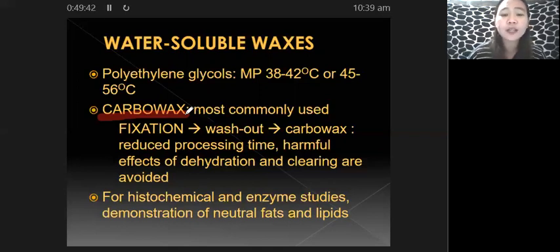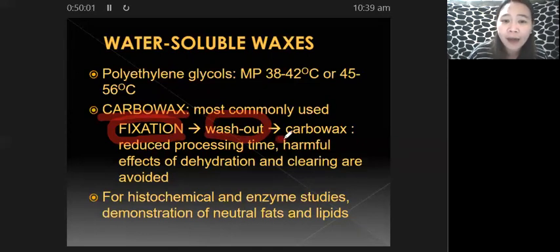So if you look at your Carbowax processing, after your fixation procedure, you perform washing out, to remove excess fixative or to remove precipitates or pigments which may have been formed during the fixation process.